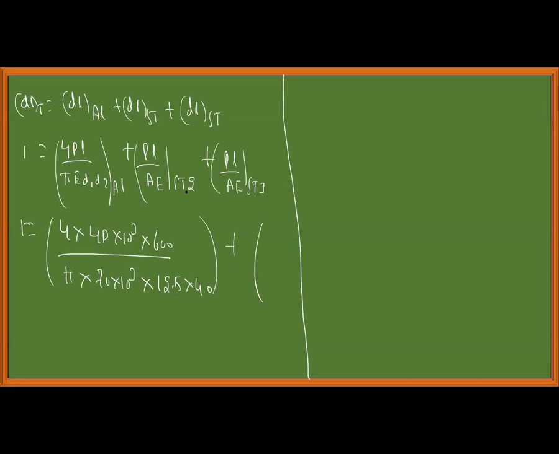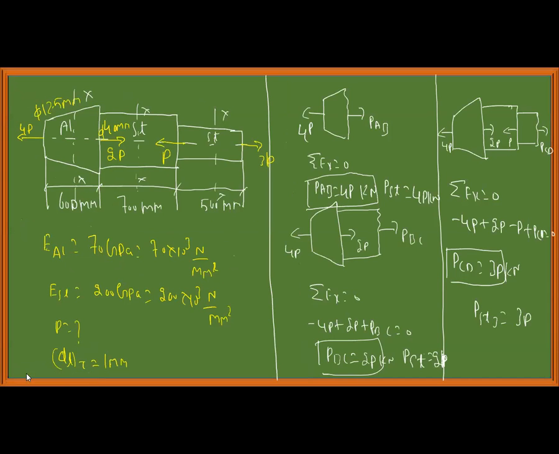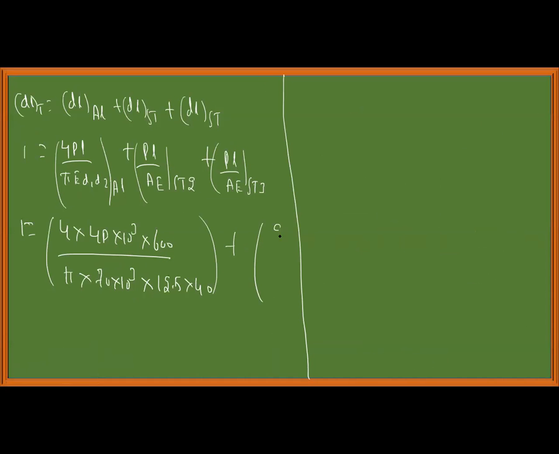Plus P steel, which is equal to 2P into 10 power 3 into length 700, PL by AE. Area of cross section is given. It's 400 mm square.